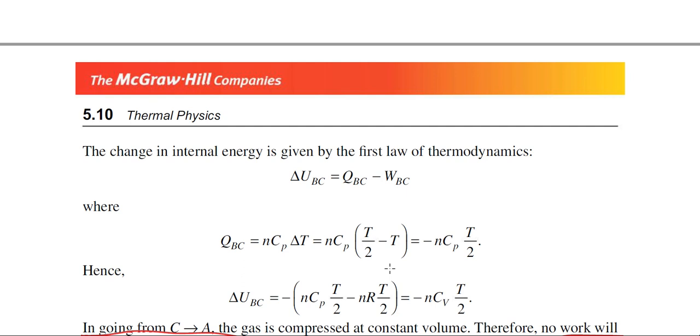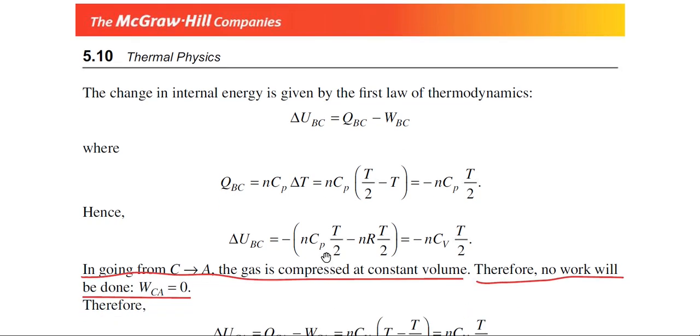But during the simplification, you see this one is Cp, the specific heat at constant pressure, and there is a relation between Cp and Cv: Cp minus Cv is equal to R. So we have used that relation to convert Cp to Cv, and finally we get minus nCv into T by 2. This is delta U.